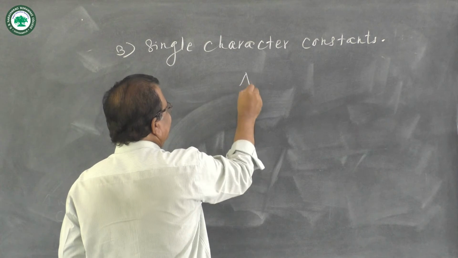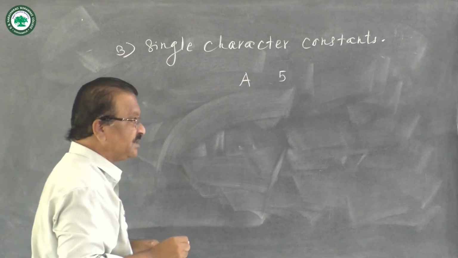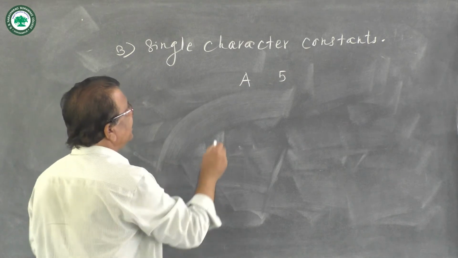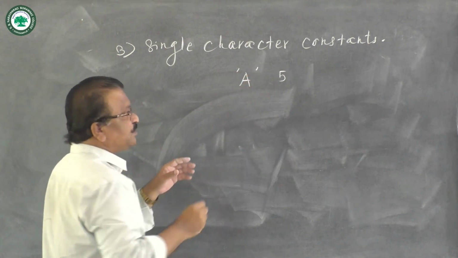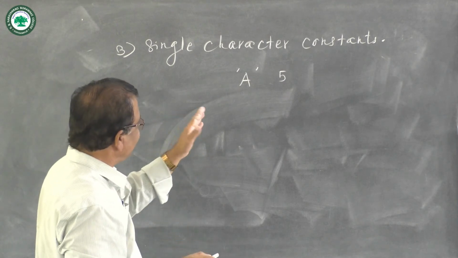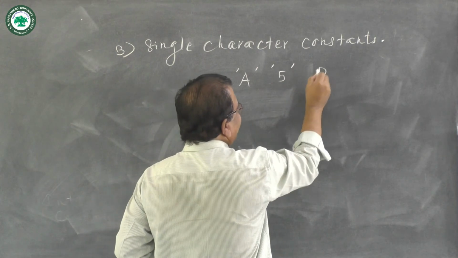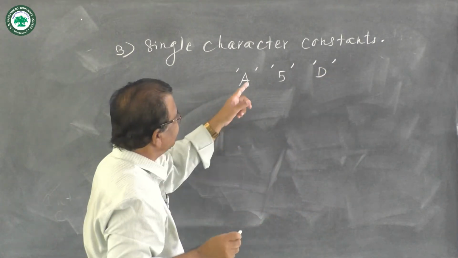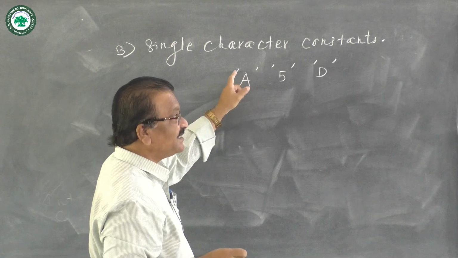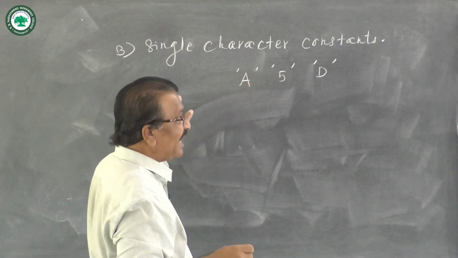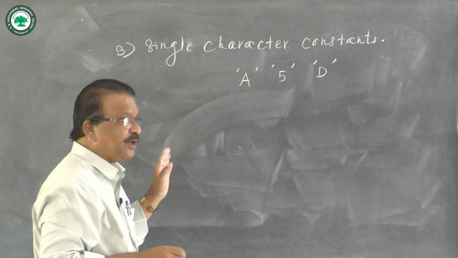Here is a single character A or 5. If it is enclosed by single inverted commas or single quotes which slant, or point, towards the left, then these are called single character constants. What is important is that these inverted commas, these single quotes, must both point to the left.